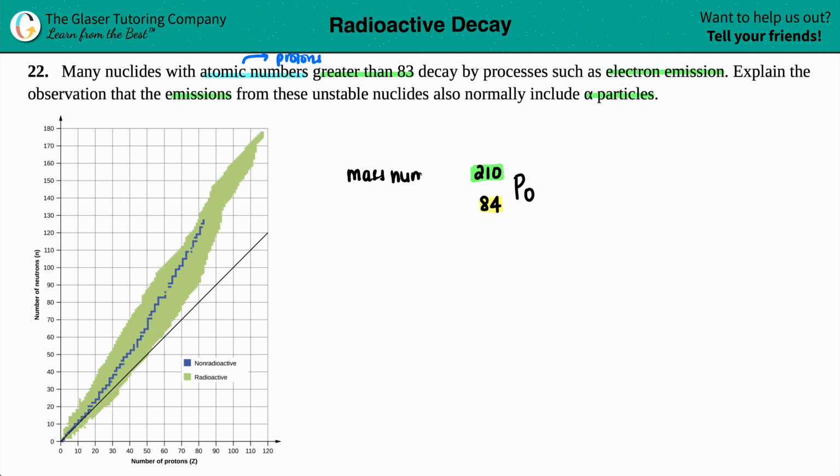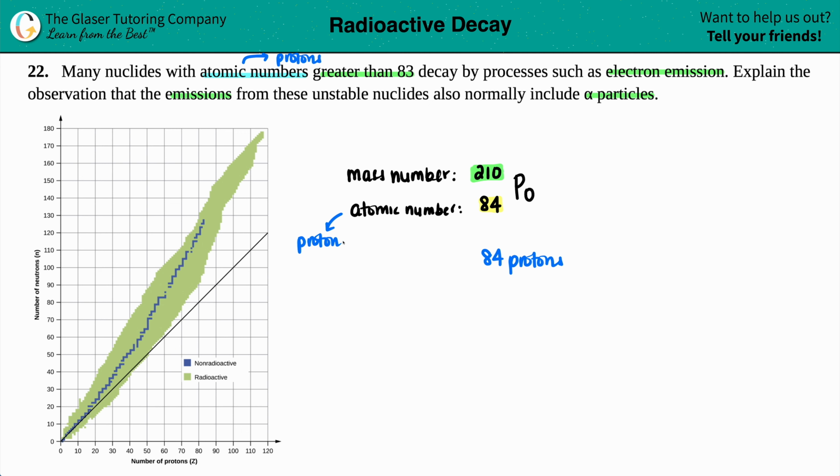It doesn't matter to me. And the bottom number is the atomic number. Because the atomic number is always the number of protons, in this case we know that we definitely have 84 protons, because that's the atomic number.